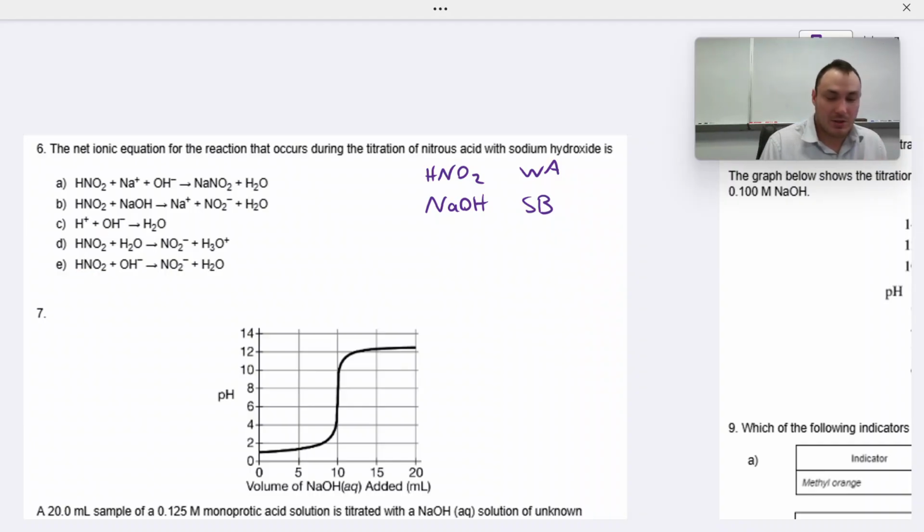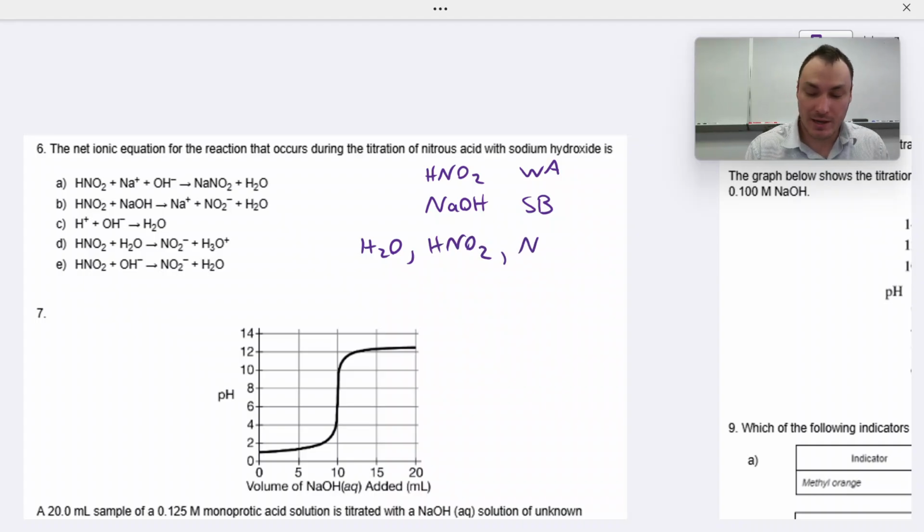The way we get net ionic equations in acid-base reactions is by listing the major species and picking the best acid and the best base. So what do we have in this system? We have water. We always have water. These are always aqueous solutions. We have HNO2, which is a weak acid, which means we don't break it up.